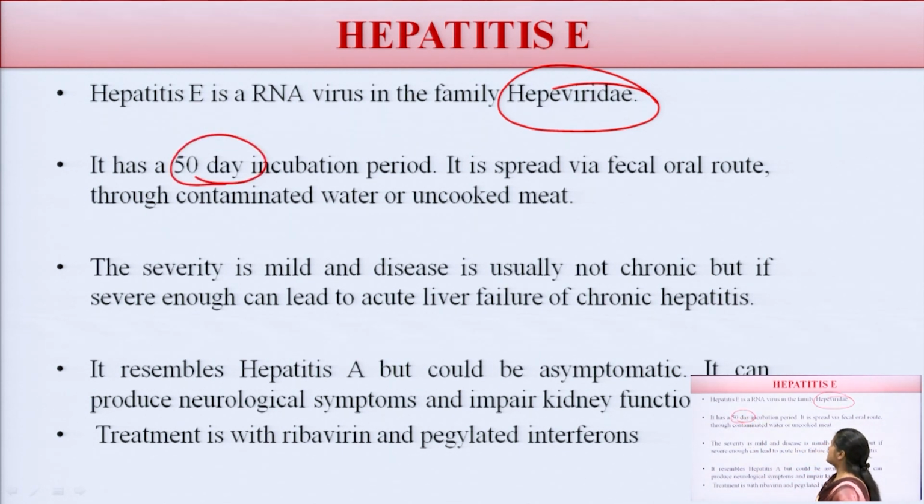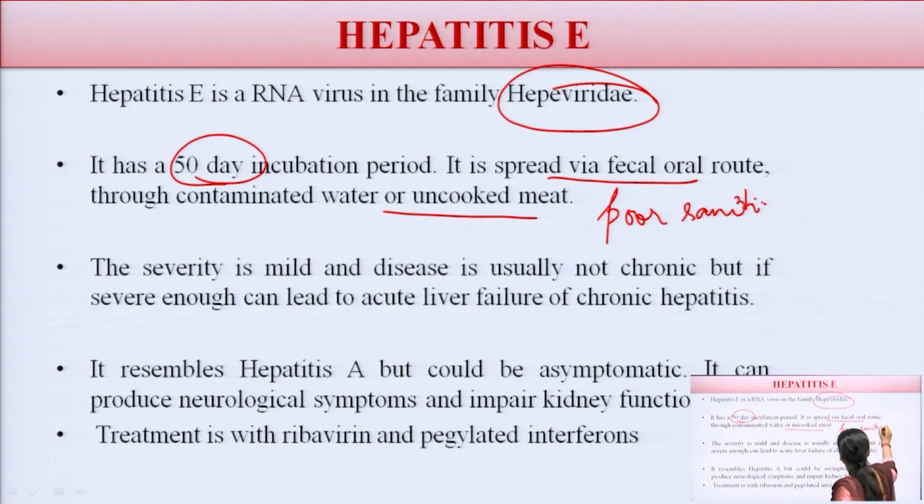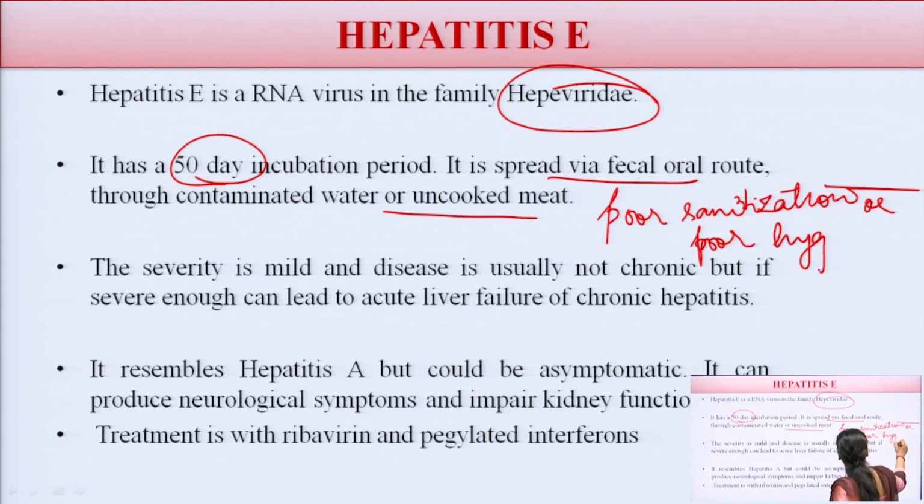It is spread by the fecal-oral route through contaminated water and uncooked meat. So it is again because of poor sanitation or poor hygiene. This is the major cause of hepatitis E.